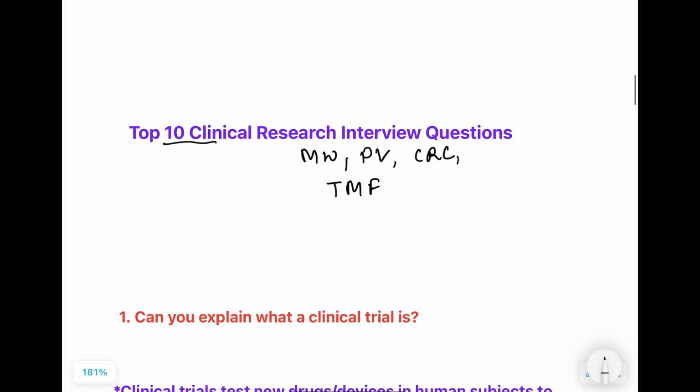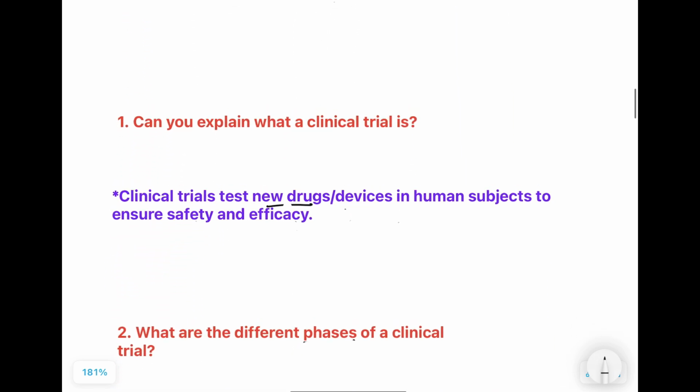So let's start. The first question is where they are trying to test your fundamentals in clinical research, and this is a landing question when you are moving to a technical round. Can you please explain what a clinical trial is, or what clinical research is? So a clinical trial tests new drugs or devices in human subjects to ensure safety and efficacy.